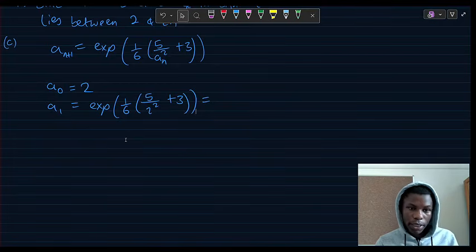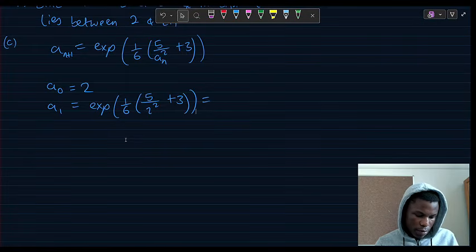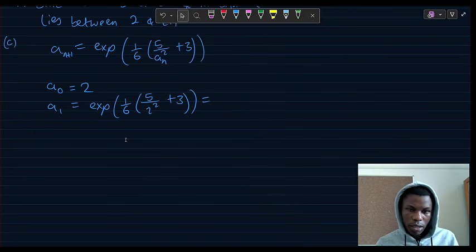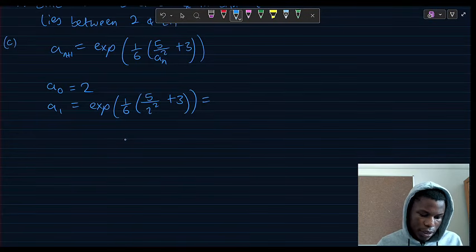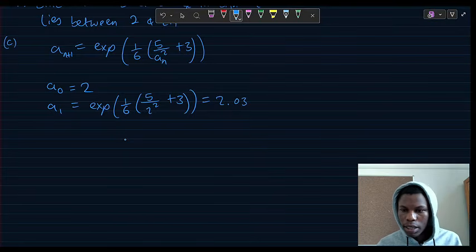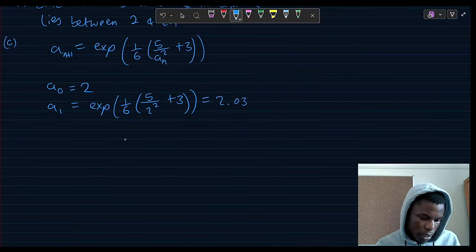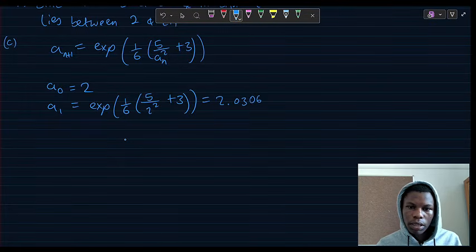This is the exponential of 1 over 6 times (5 over 2 squared plus 3), and this gives us 2.03. They want the results of each iteration to 4 decimal places, so 2.0306. Okay.